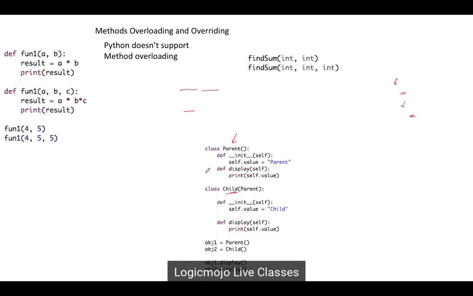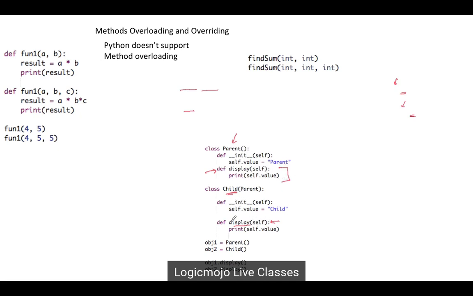The parent is using this method, and the name of the method is display. And if you see, the child is also using the same method, that is display. Now this is called method overriding. So basically the child will override this parent method. The child inherits all the methods and variables that are present in the parent class. Along with that, it will take this particular method as well.